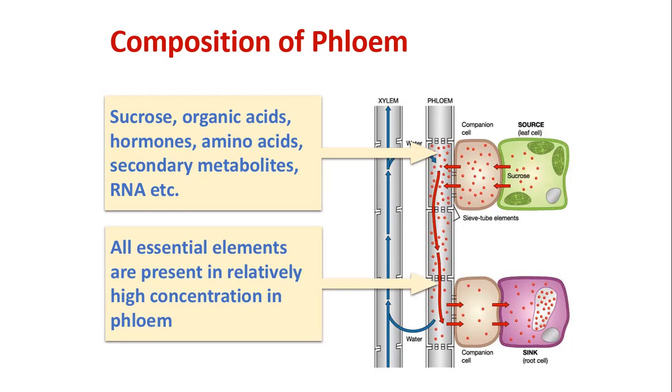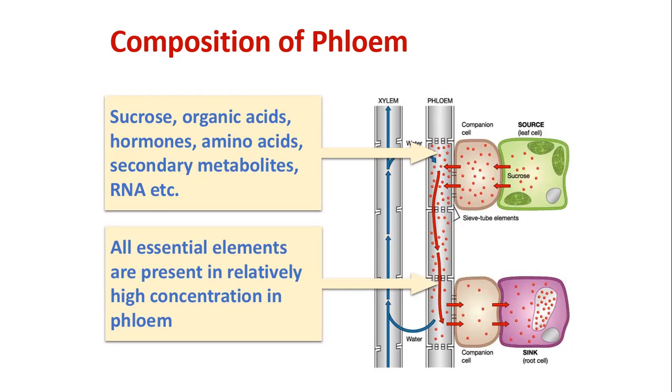Once they are loaded into the sink, which in most cases is the leaves, they are retranslocated or recirculated in the phloem because they are mobile. That's why the concentration of ions in the phloem is more than in the xylem. Although the phloem is dominated by organic compounds, the ion concentration is also higher in the phloem.